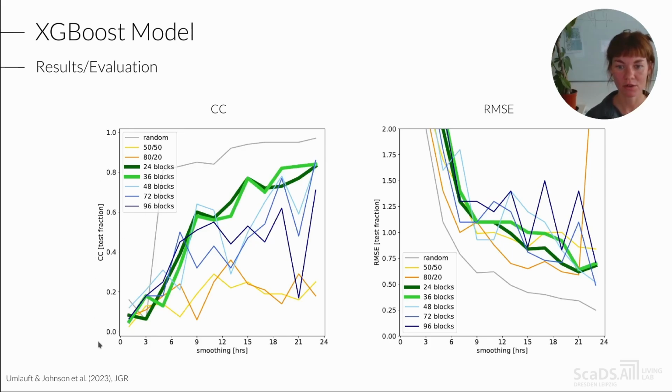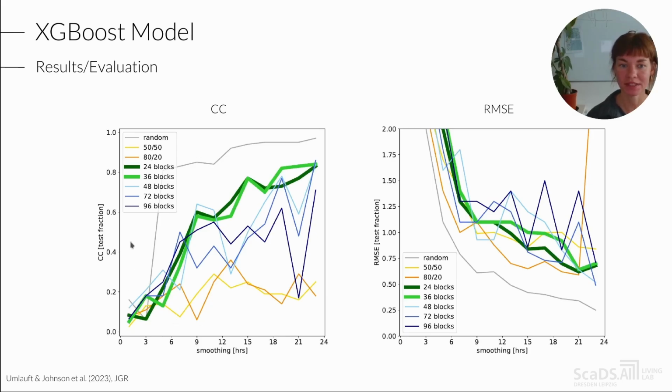You can see here the correlation coefficient, the RMSE, which is inverted, of course. And then you can see the rate of smoothing that we applied to the time series or to the feature space before training the model and testing.